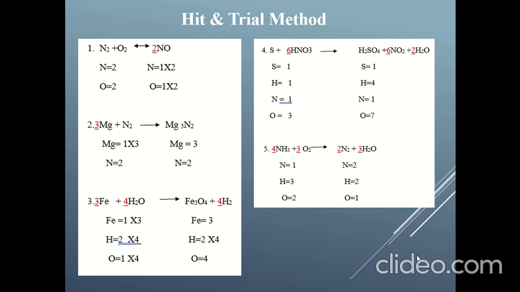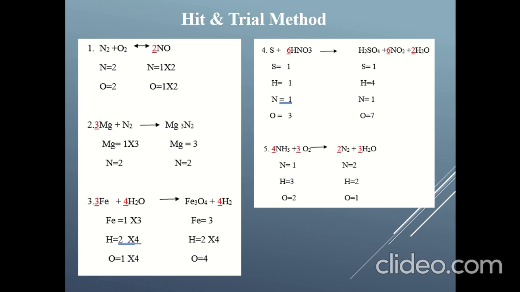So sulfur plus 6 HNO3 gives H2SO4 plus 6 NO2 plus 2 H2O. Just check the number of atoms of oxygen, hydrogen and nitrogen. The number of atoms on the reactant as well as the product side is the same.